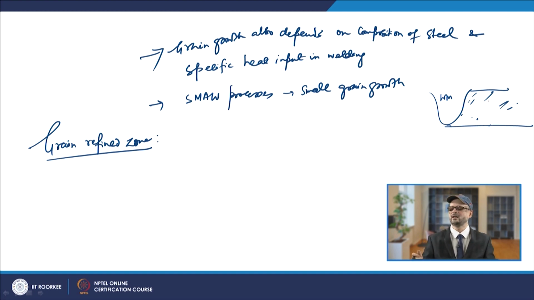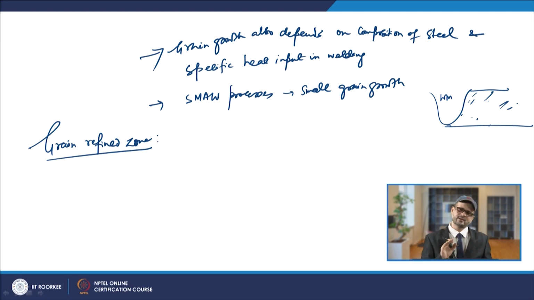In this zone the temperature is heated to a maximum of maybe 1100 or 1150 degrees centigrade. Above that you normally have the grain growth range, where the growth takes place, but in this zone you are heating and then the temperature comes back.